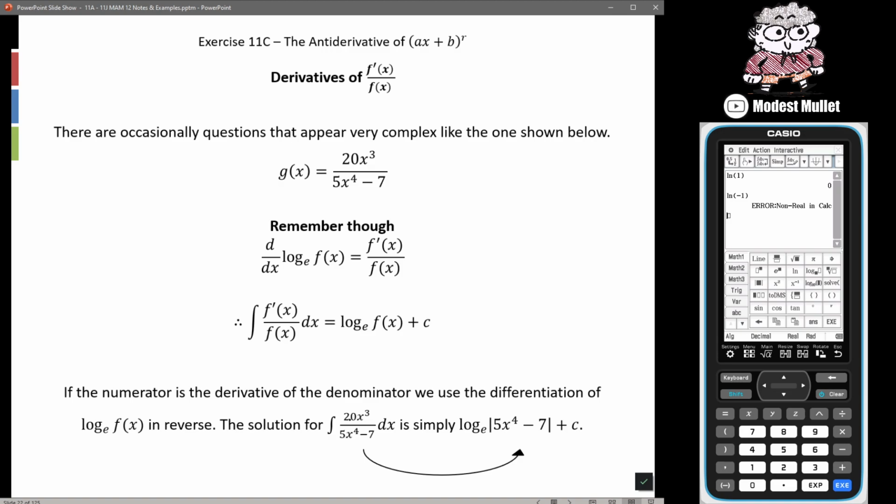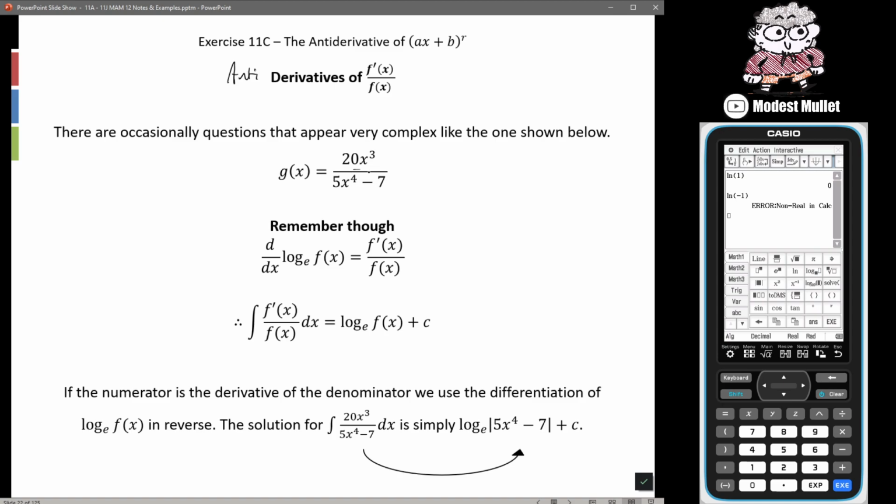Lastly, following on with this theme of we have something down the bottom, and again VCAA being tricky, is that we need to be able to find the antiderivatives of f dash of x on f of x. And so an example of that would be this problem. We have g of x is equal to 20x cubed on 5x to the power of 4 minus 7.